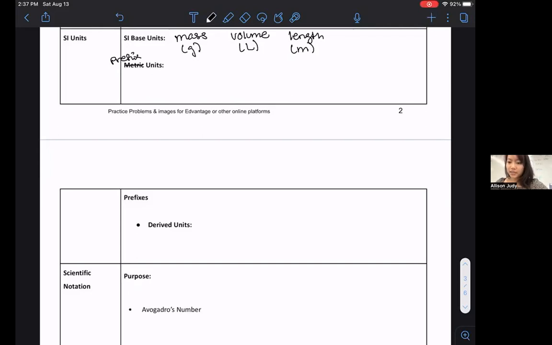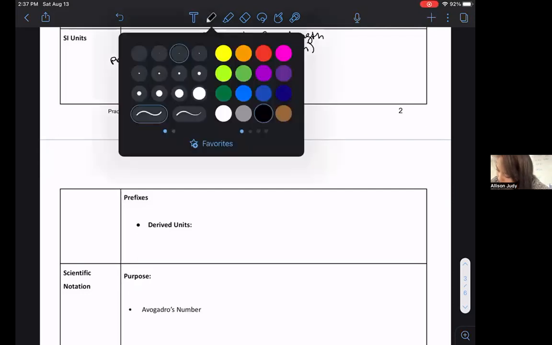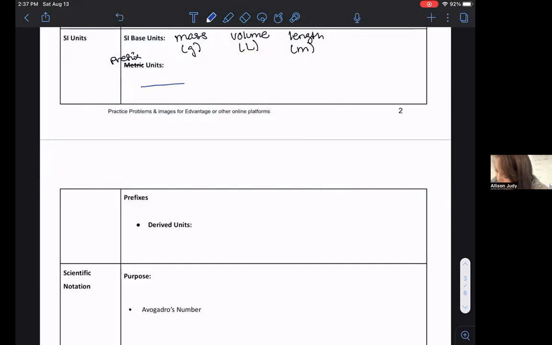And the whole idea of a base unit is it serves as the center, kind of ground zero. This is where our base unit is, and then we can scale up or scale down from that.